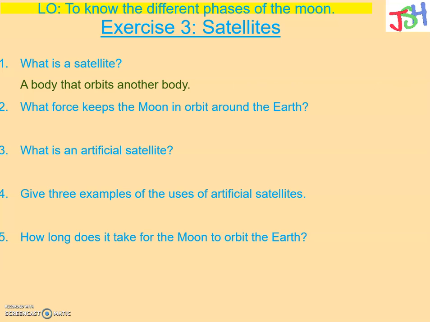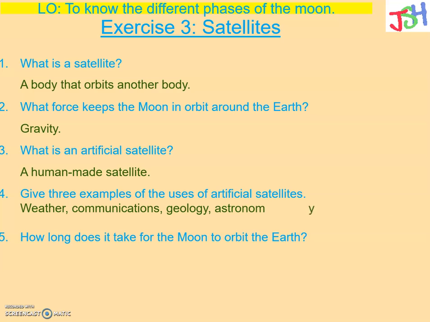What is a satellite? A body that orbits another body. What force keeps the moon in orbit around the Earth? Gravity. What is an artificial satellite? A human-made satellite. Give 3 examples of the uses of artificial satellites.